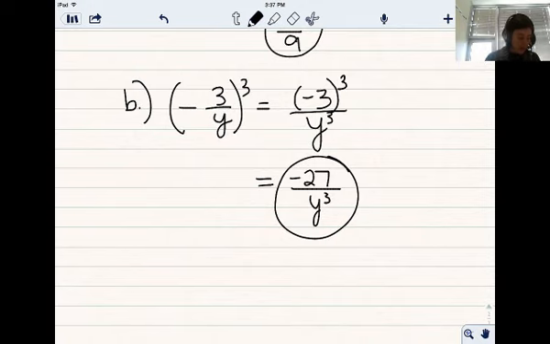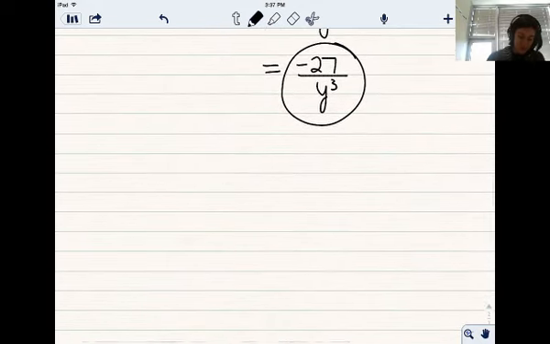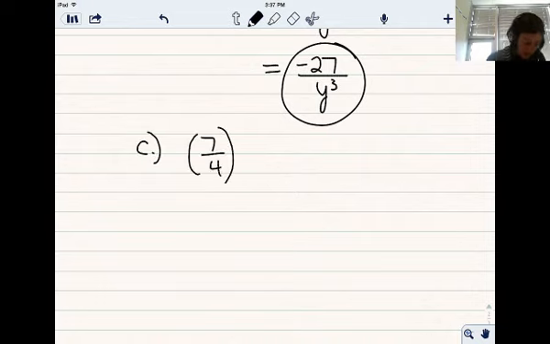Let's look at one more. And then I think I might do one longer problem too for you guys. All right, 7/4 to the -3rd power. Again, power of quotient. So I'm going to just take the numerator and the denominator to that power of -3rd. Oh, you know what?